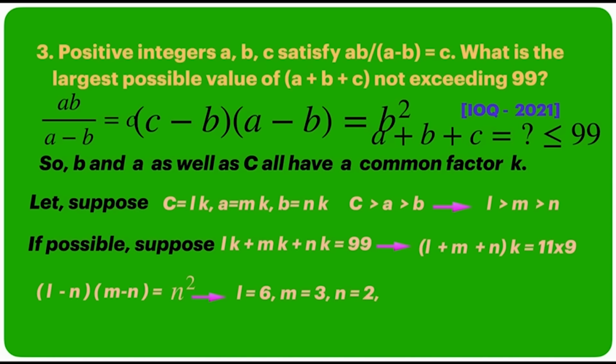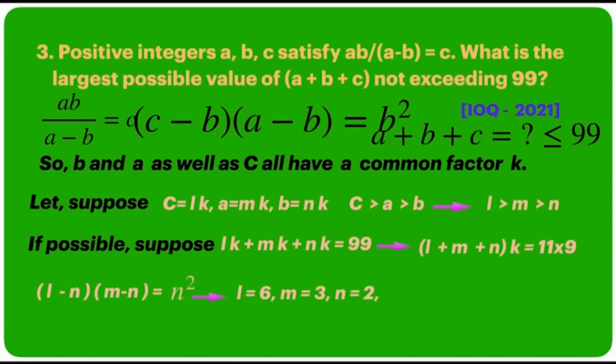So see here, (L minus n) into (m minus n) means (6 minus 2) into (3 minus 2), that is 4 into 1. So the left hand side is 4 into 1, that is 4, and the right side, n square, will be 2 square, that is 4.